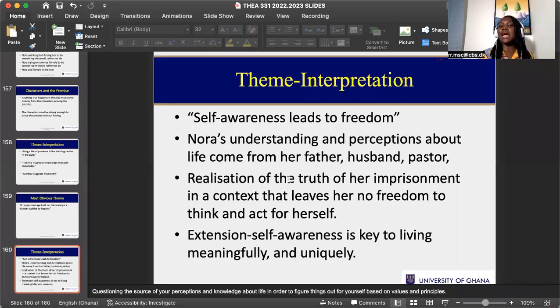And so you can see how Nora's understanding and perceptions about life, from what she said, comes from her father, her husband, and what the pastor tells her about religion and everything. But the realization of the truth of her imprisonment by those beliefs in a context that leaves her no freedom to think and act for herself is what gave her freedom.